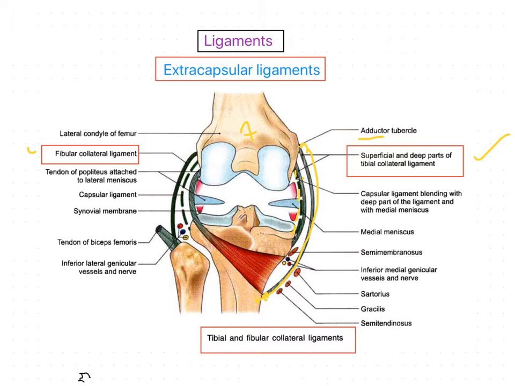This band covers the semimembranosus muscle and also some vessels and nerves, the inferior medial genicular vessels and nerve.